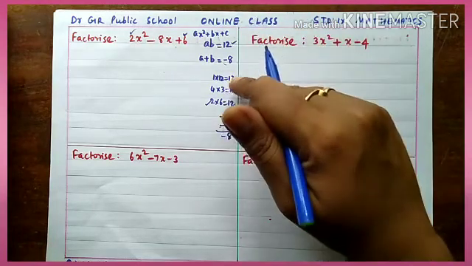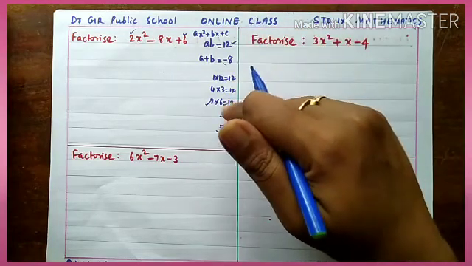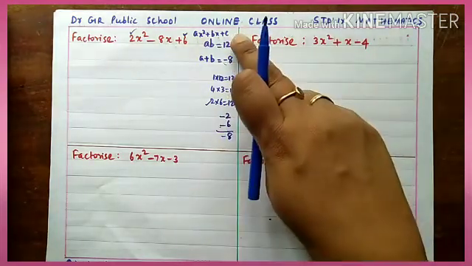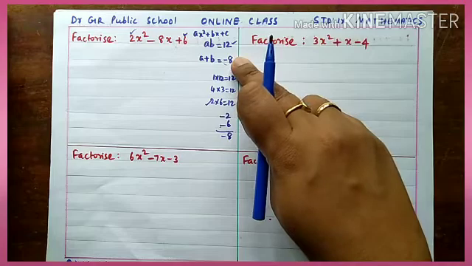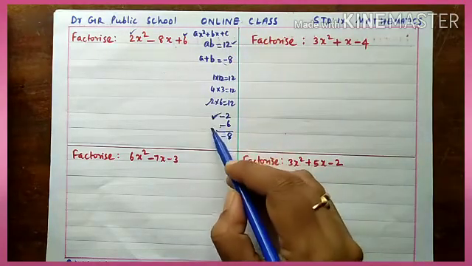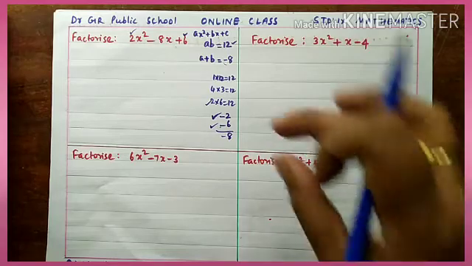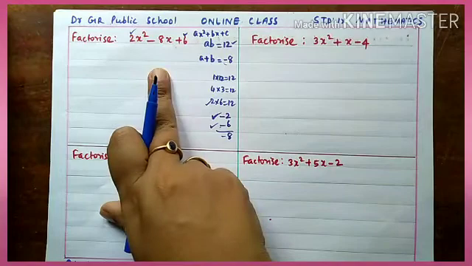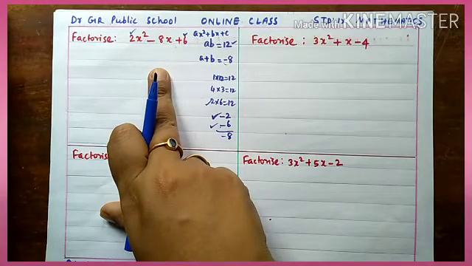Okay, so you want to find the two numbers and also adjust the signs properly so that you get the product and sum properly. So what are our two numbers? Minus 2 and minus 6. Using these two values, we need to split the middle term of the given polynomial.